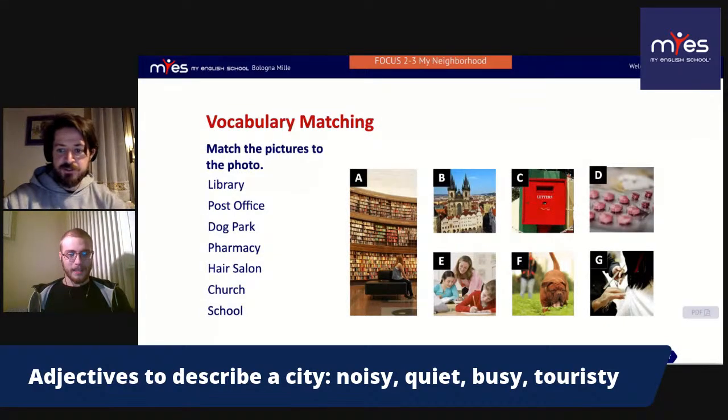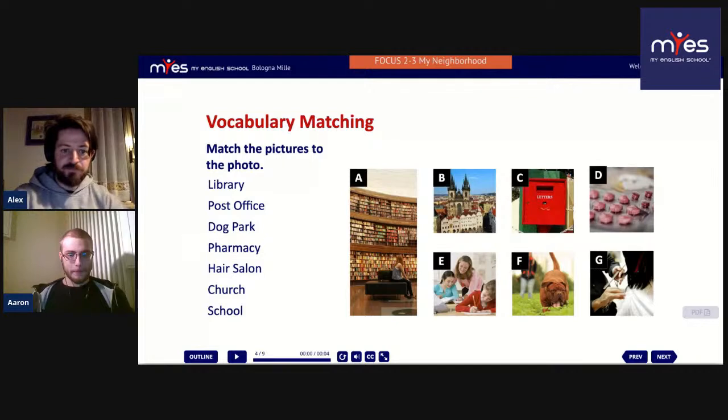What I want to do now is, can you match the photos with the vocabulary? Aaron, can you read the vocabulary? We have library, post office, dog park, pharmacy, hair salon, church, and school.